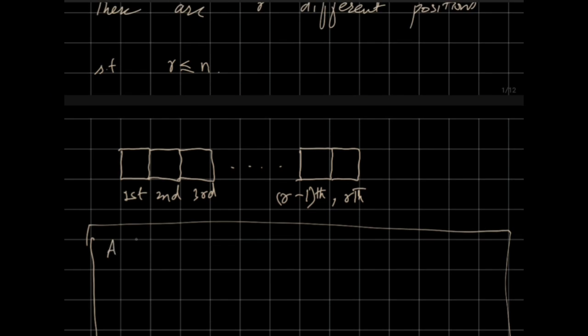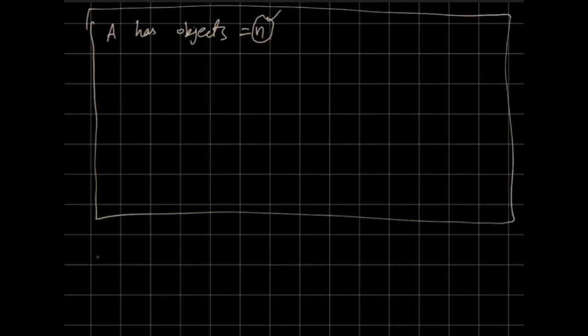A has n objects. So you will fill first position from n different objects. So how many ways are there to fill first position? N different ways are there. So I can write number of ways to fill first position are n, right?